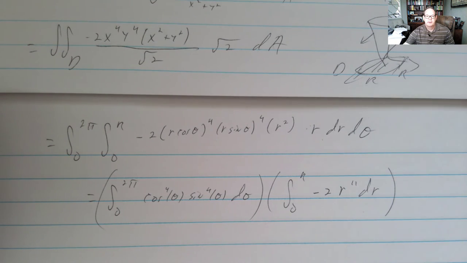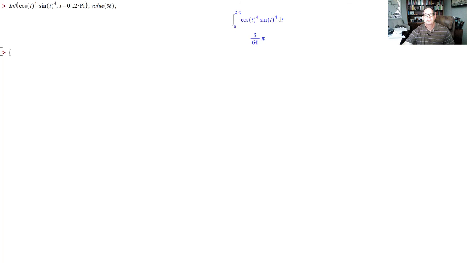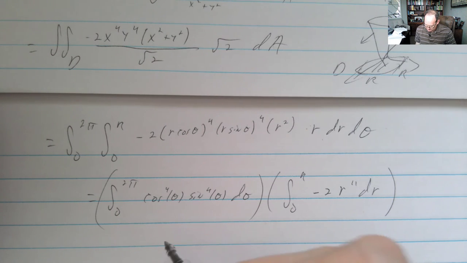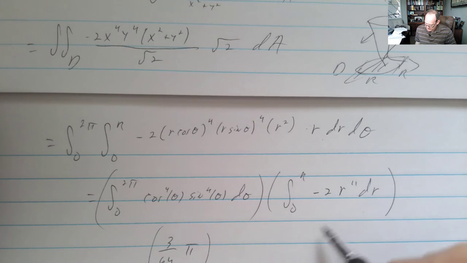So that first integral, not easy. It's 3 over 64 pi. And this one is easy. So times negative 2 r to the 12th over 12 from 0 to r.